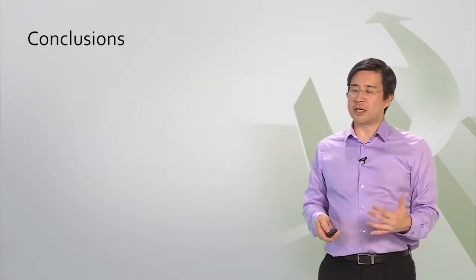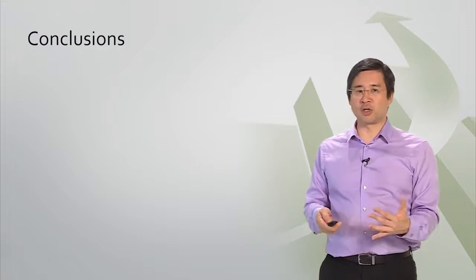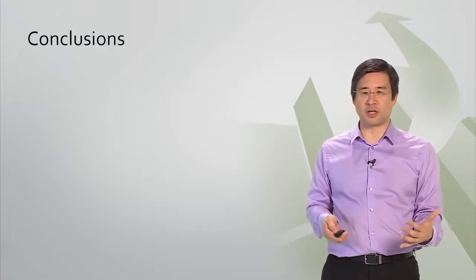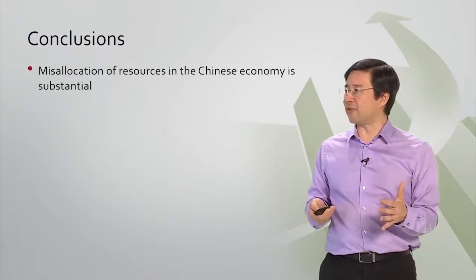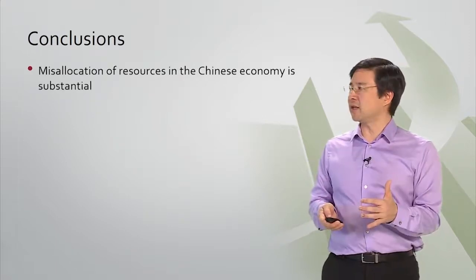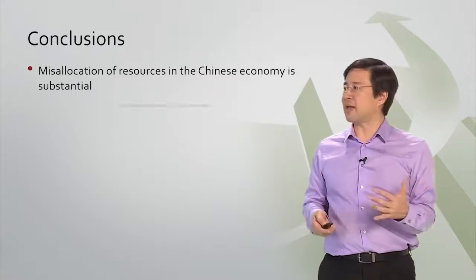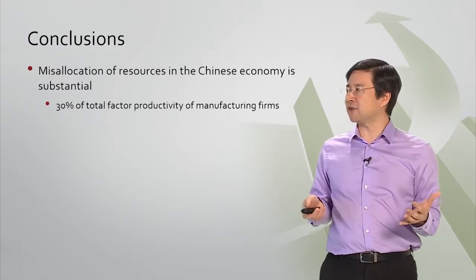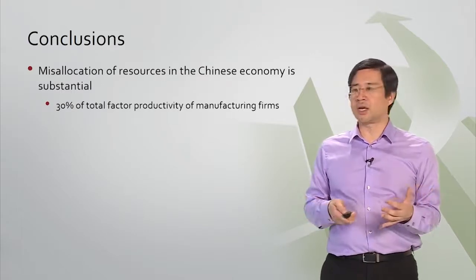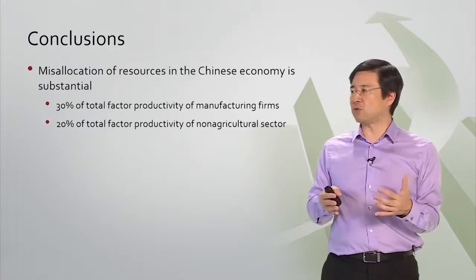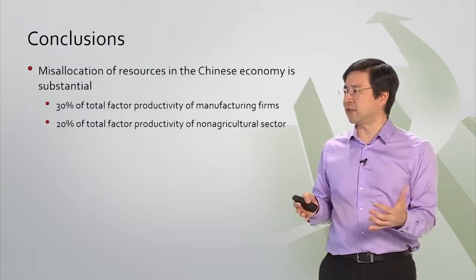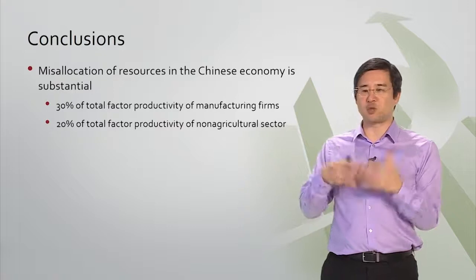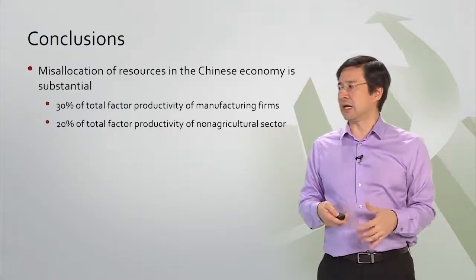Now, in conclusion, what have we learned about the level of misallocation and its relationship to growth in China? Well, first of all, we know now that the misallocation of resources is a substantial problem: across manufacturing firms, it explains about 30% of total factor productivity, and the distortions account for about 20% of total factor productivity in the allocation between the state and non-state sectors within the non-agricultural sector.